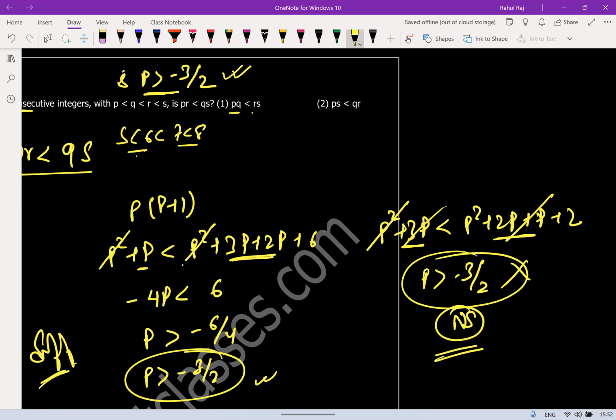Absolutely. And for the second one? Second one also PS. What are the values you have taken? Tell me first. 5, 6. Second one, you will be confused for sure, because you have to take a number where PS is less than QR, remember.